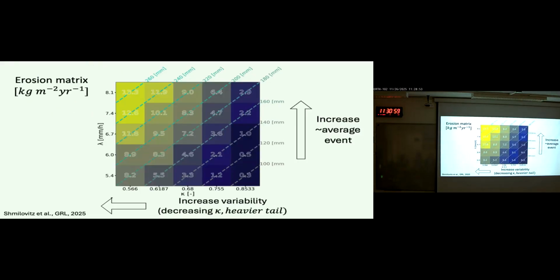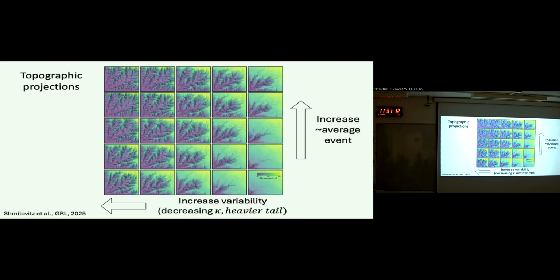And this is the sediment yield map, which shows how much mass this specific catchment lost by different combinations of parameters. But we can even take it one step further and look at how the topography looks as we simulate topography dynamically. So these are various combinations of topography associated with different properties of rainfall distribution.